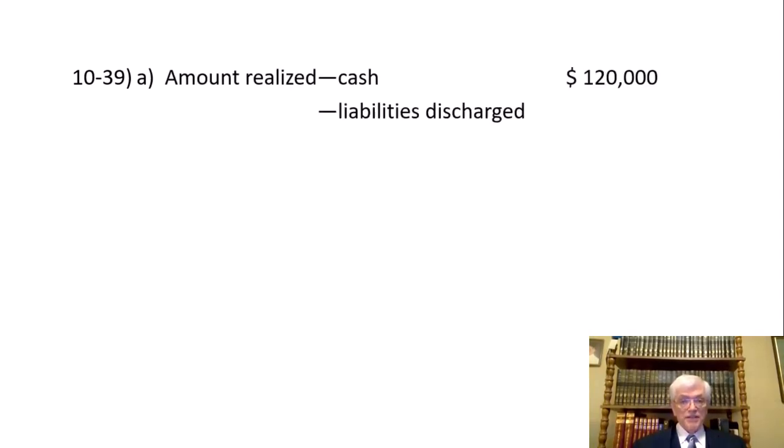Letter A, on the first day of the tax year, June sells her partnership interest to Marilyn for $120,000 cash, plus the assumption by Marilyn of the appropriate share of partnership liabilities. So amount realized, cash of $120,000, plus the discharge of liabilities of $60,000, total amount realized is $180,000.